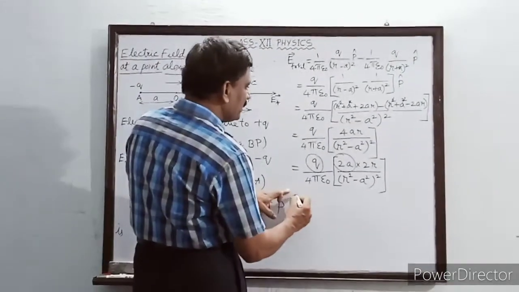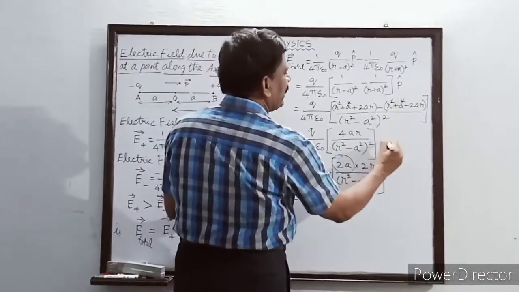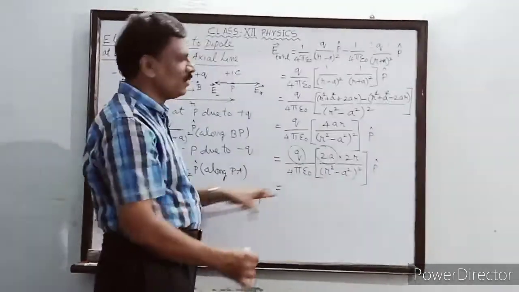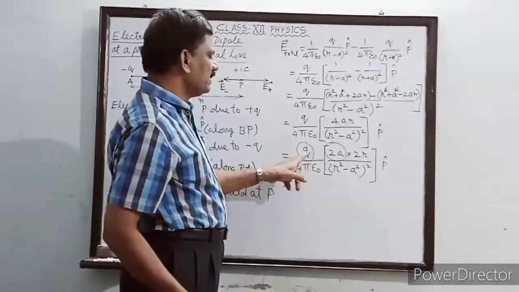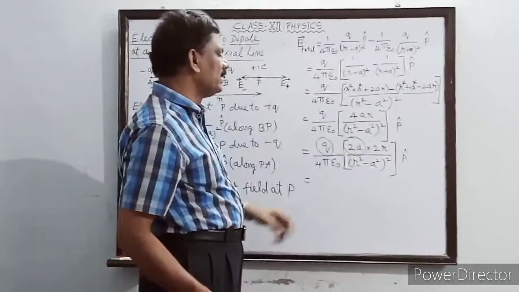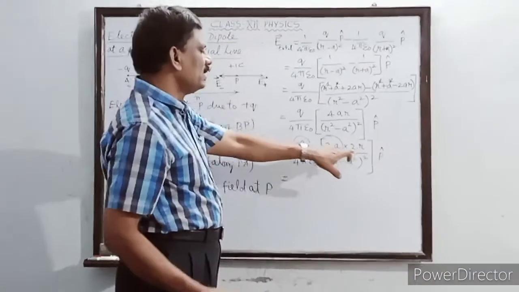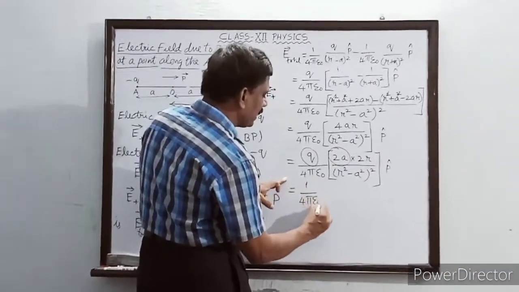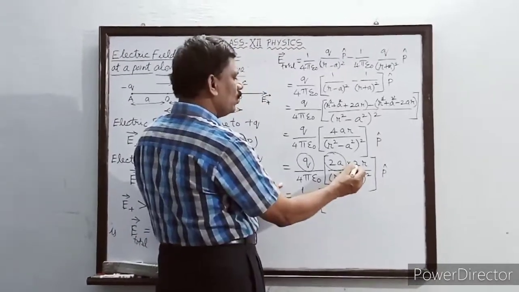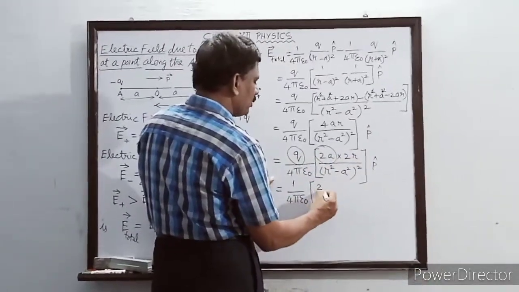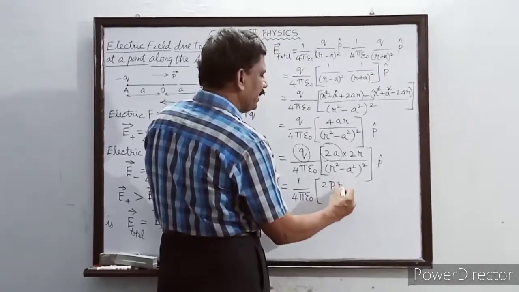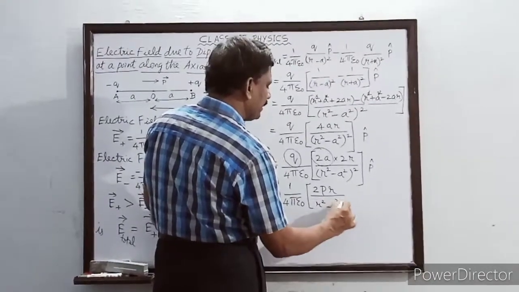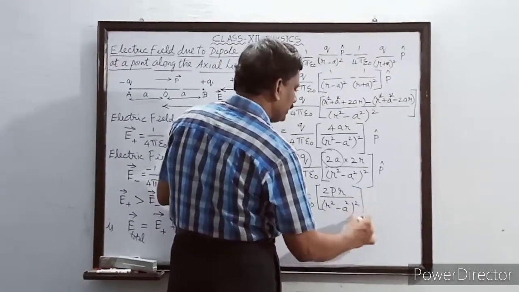So in the right hand side everywhere p cap also you can write, because it is continuing in vector form. Now Q into 2a is equal to p, and this is 1 by 4π ε₀ into 2pr divided by (r² − a²) the whole square into p cap.